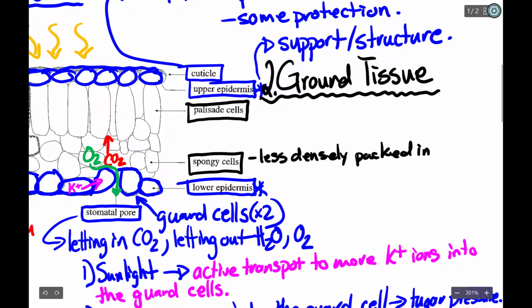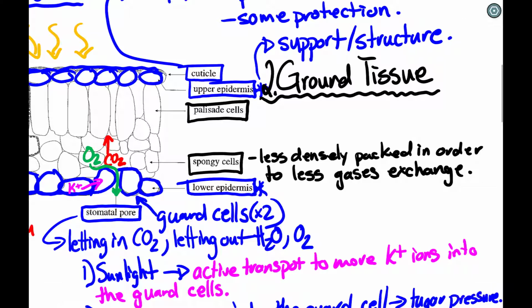In order to let gases exchange, they provide space for gases to move up into the palisade cells or out of the palisade cells.